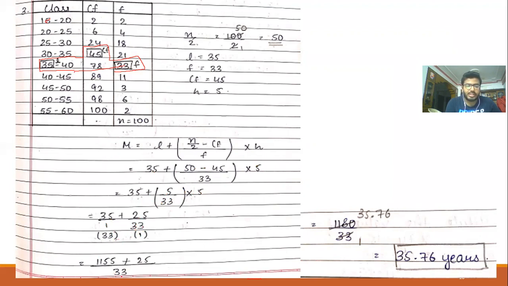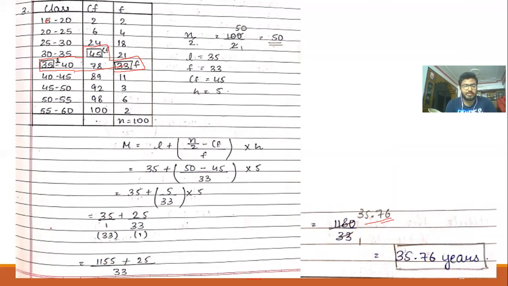Taking 33 as the LCM, 35 into 33 is 1155, plus 25 into 1, that is 25. So 1155 plus 25 equals 1180 upon 33. Dividing both, you get 35.76. Either you do it this way or the other way; both are easy.